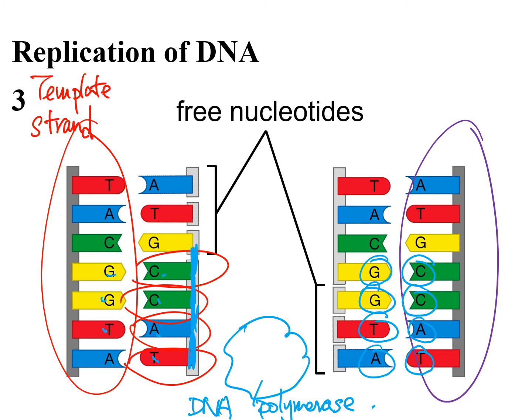So right now it's joining up the G and T, and then the T and A, and when there are more and more, it will join up more free nucleotides.